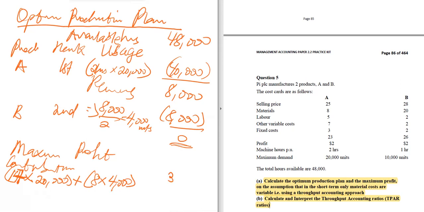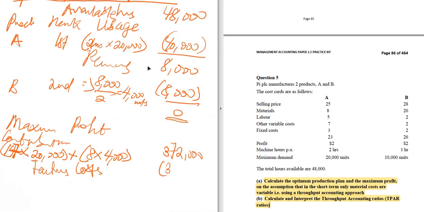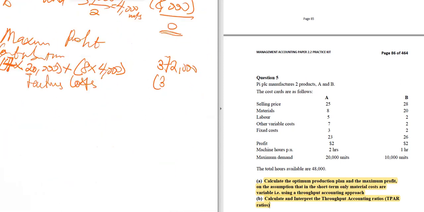Then we take out our total factory cost, which we had as 340,000. 372,000 minus 340,000 gives you 32,000 as your maximum possible profit.